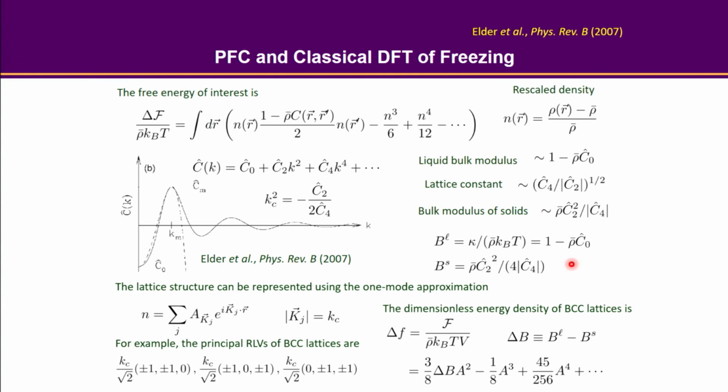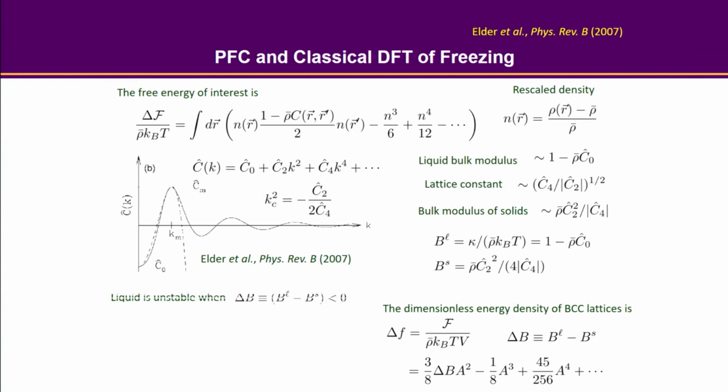Okay, those two things. But with this formula now, we got a better understanding of the physics of this kind of free energy functional. Because, for example, we know the liquid will become unstable if the delta B is less than 0, right?